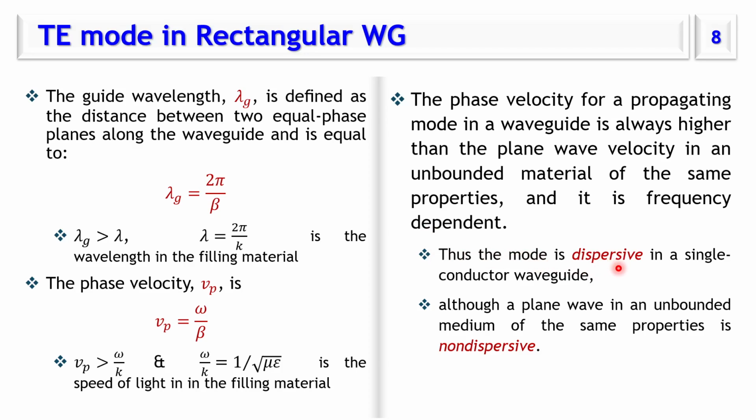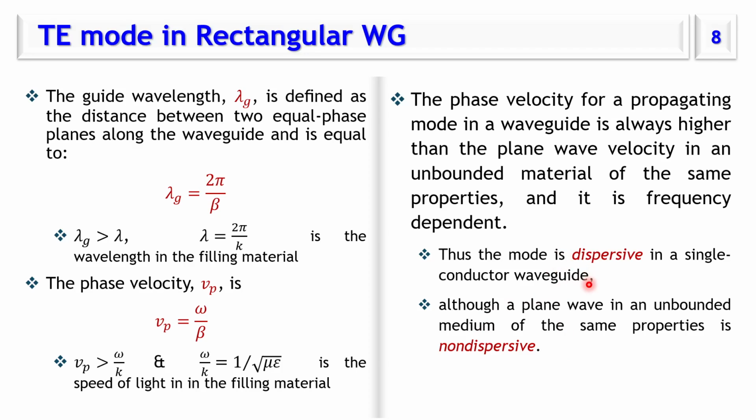The mode is dispersive. Last time we described what dispersive is. Dispersive means its velocity varies with frequency because of the conducting waveguide or the conducting structure.